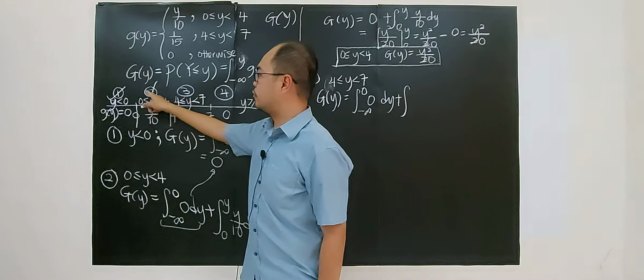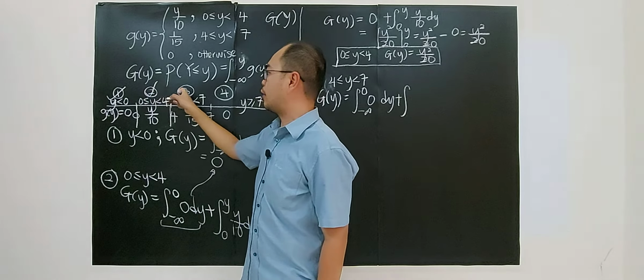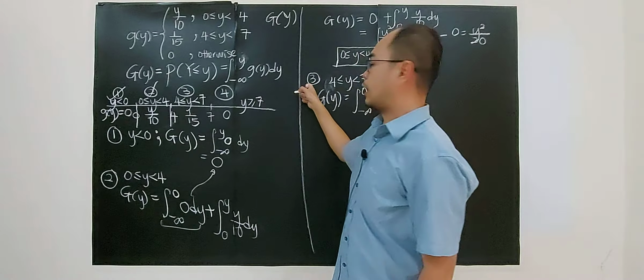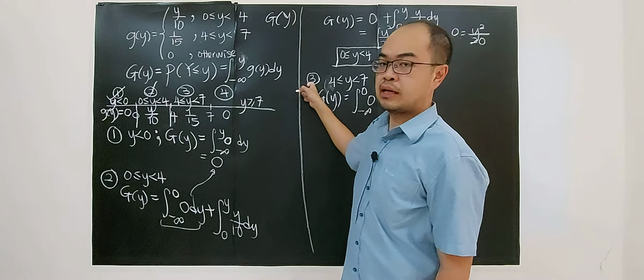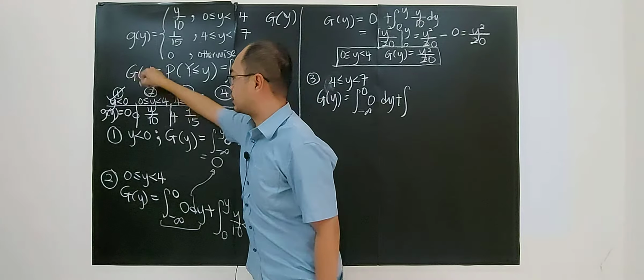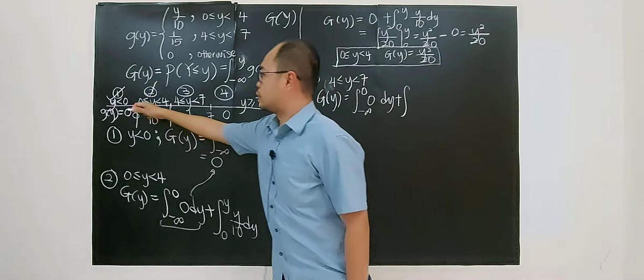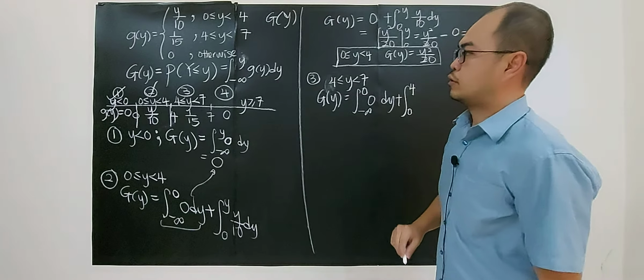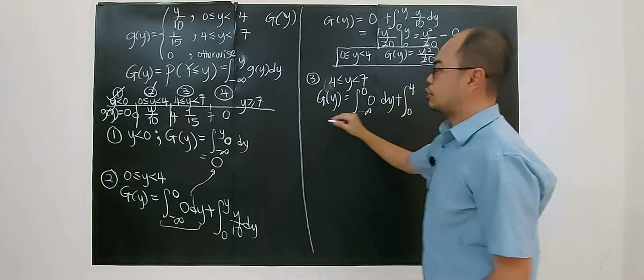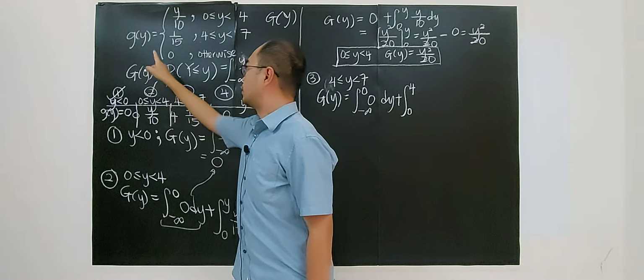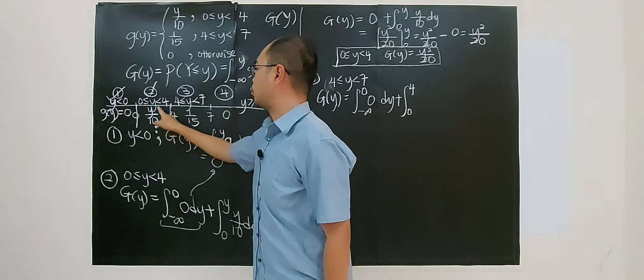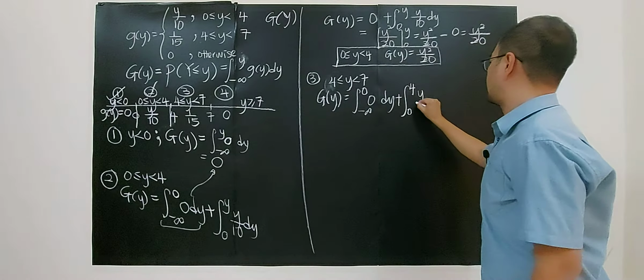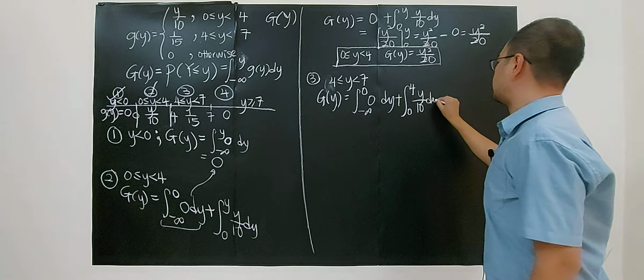Now the second interval I already put a tick, because now I add the third interval. So I have to tick the first two intervals. So it's from 0 up to 4. During this time, your g(y) is y over 10, y over 10 dy.